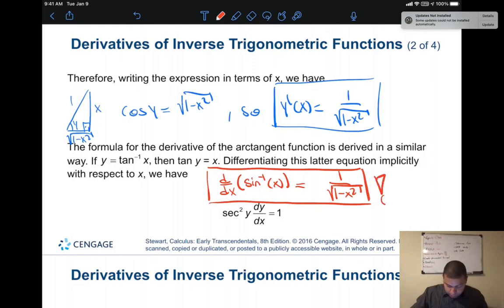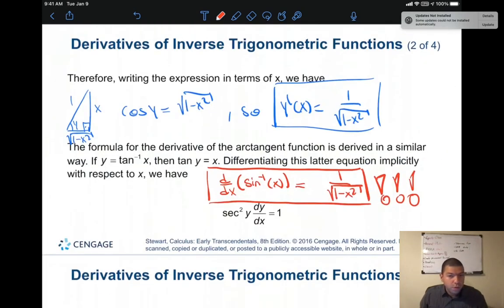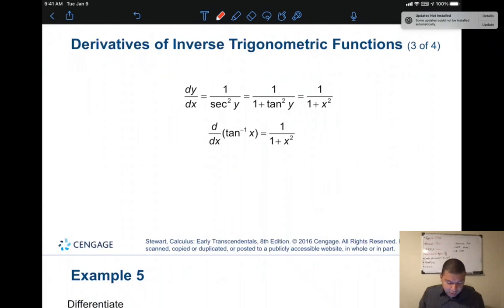Very, very important. And like I always say when it comes to memorization, either you remember this or you have to be able to do this whole process here on this page. Up to you. Either one works. But in a Calculus 1 course, it's a good idea to have at least the more basic ones, like sine and cosine, memorized.